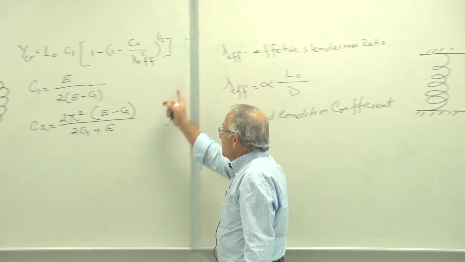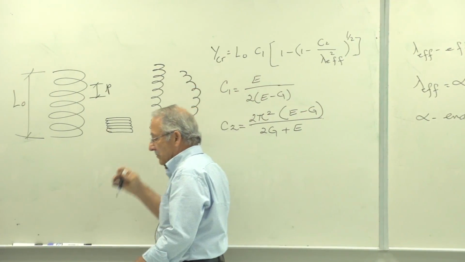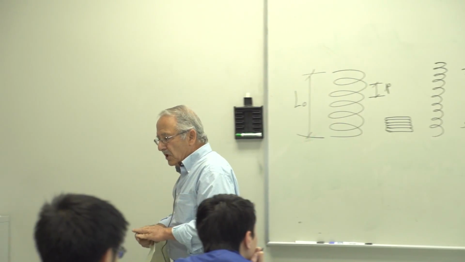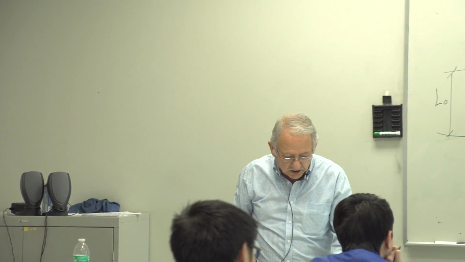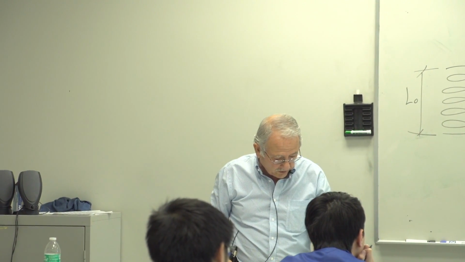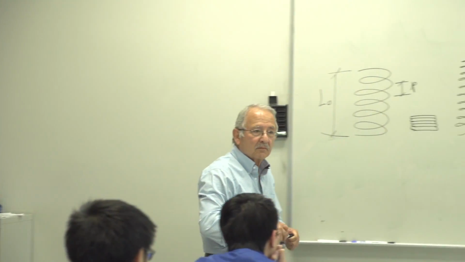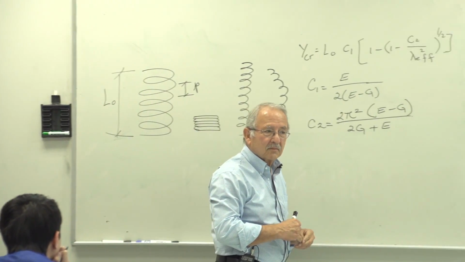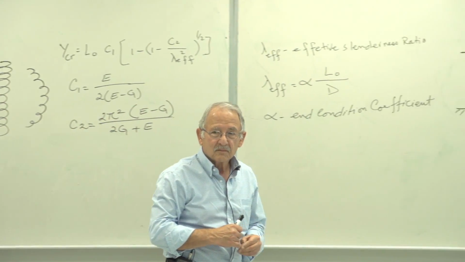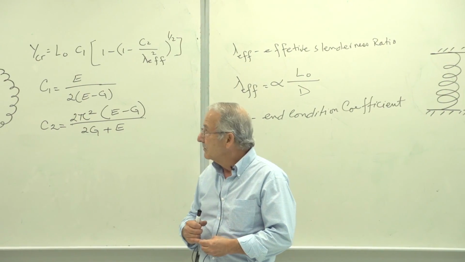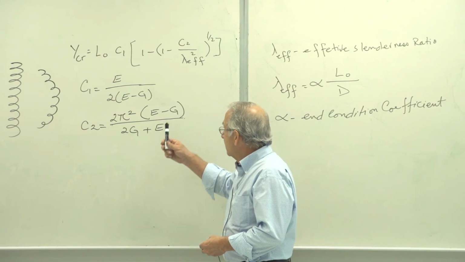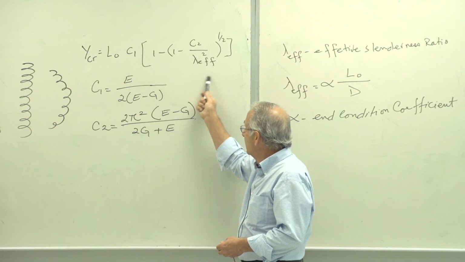So take a look at this. How can we have Y critical be non-existent? How can we not find any real value for Y critical? What if this is negative?